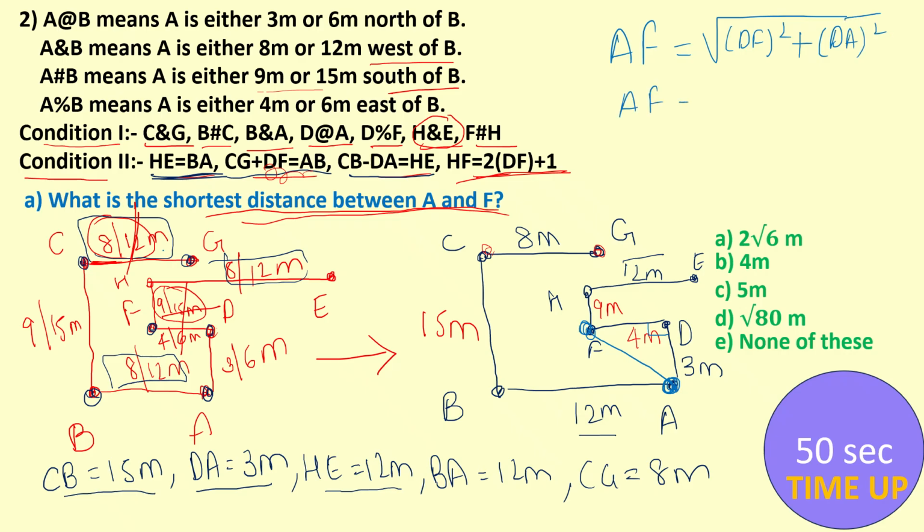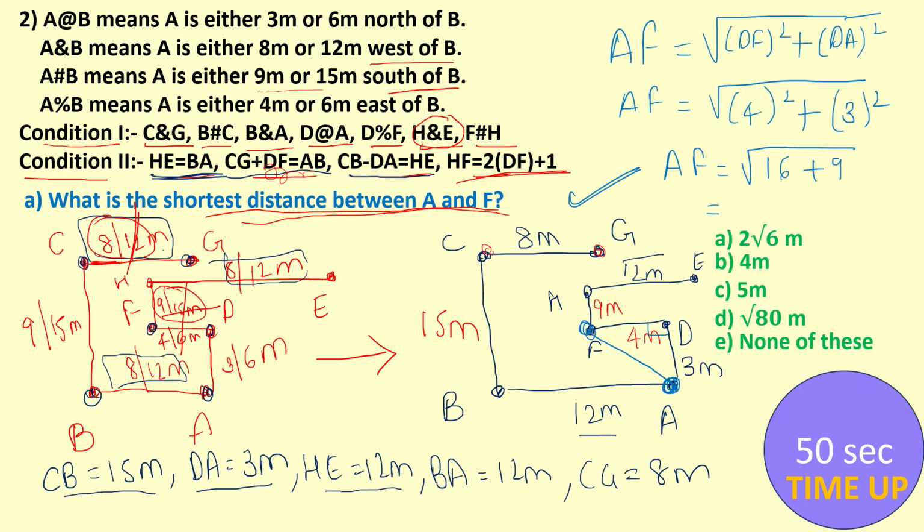So AF will be equal to root of DF square, which is 4 square, plus, see this diagram, your DA square will be 3 square. So AF will be 16 plus 9, which gives you root of 25. So root of 25 is 5 meter. So answer is C, that is 5 meter.